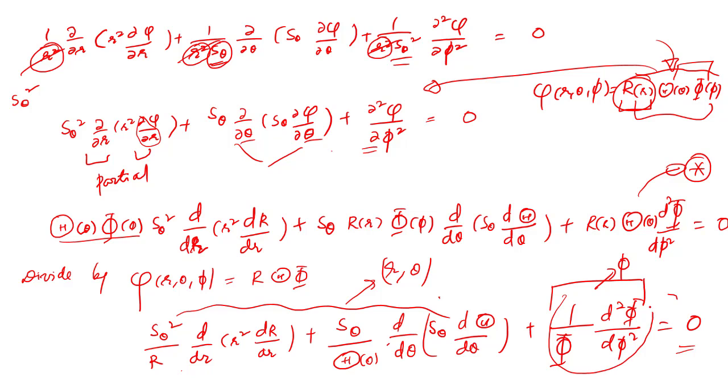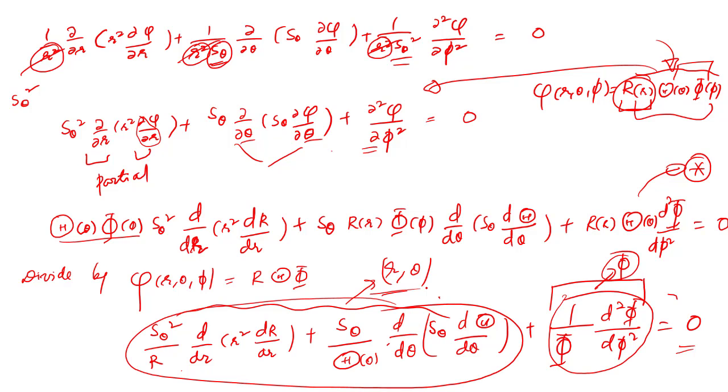This function is dependent only on phi, but this function is dependent on r and theta. So they have to be constant. Otherwise, if this has r and theta dependence overall, after you evaluate this, then it can in no way cancel out with this phi part.